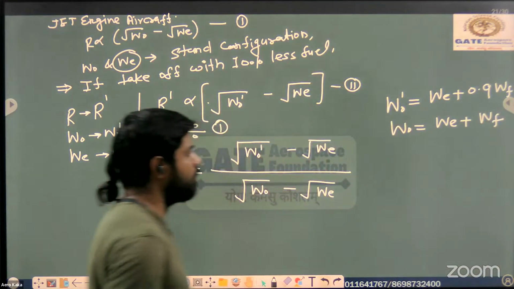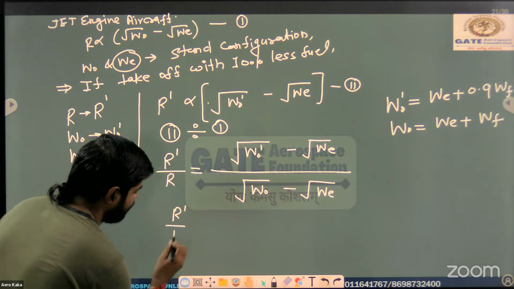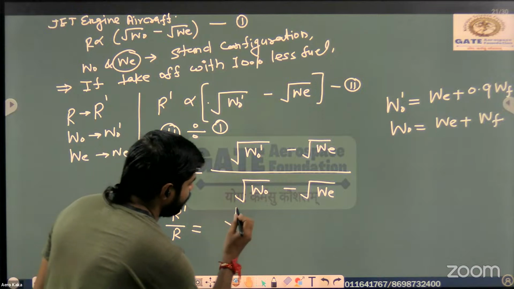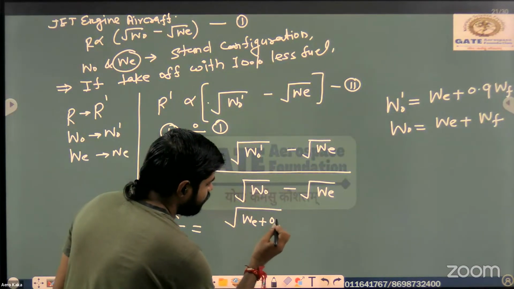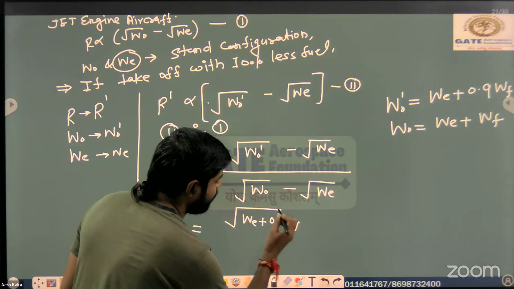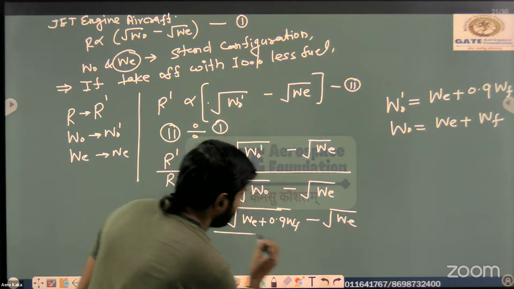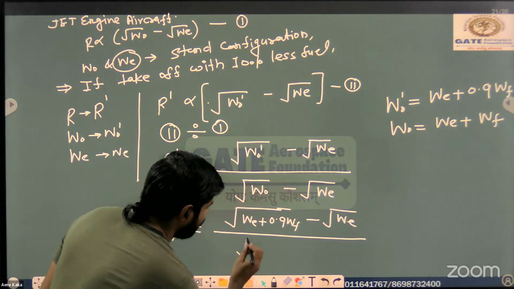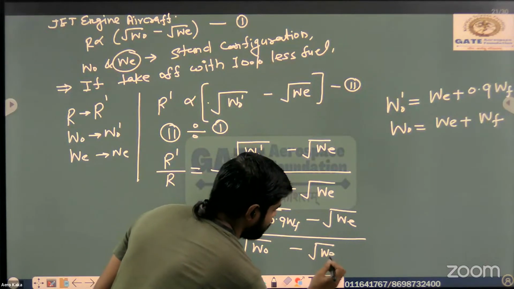Put this here and simplify. R prime upon R is equal to root of WE plus 0.9 times WF, minus root of WE, divided by root of W naught minus root of WE. Check.